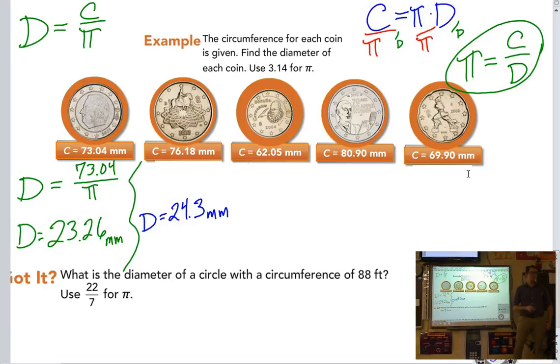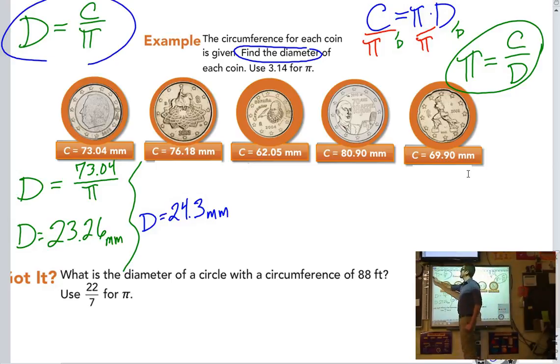Here's the big thing. Understand that given any formula, we can isolate whatever we want. So when they ask you find diameter, we easily made a formula based off a formula we already knew to make our life easier. So the rest of these, circumference divided by pi, divided by pi, divided by pi.